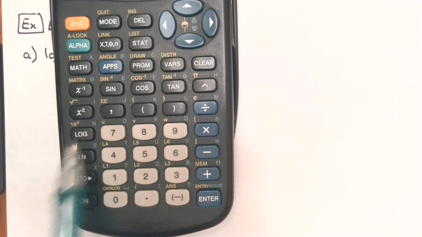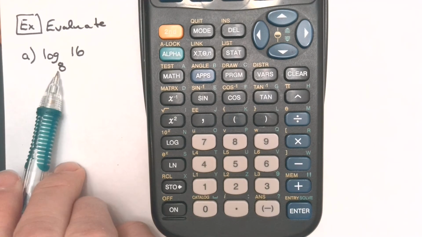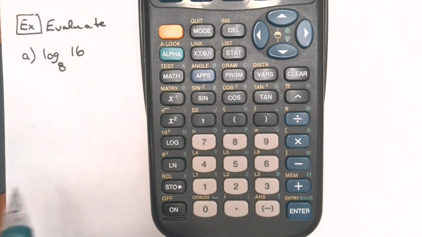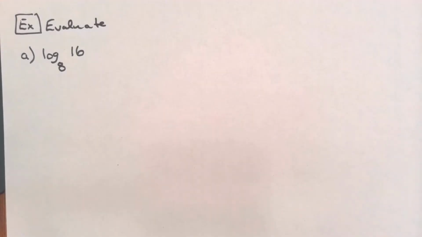So if you only have a log base 10 button on your calculator and you're trying to evaluate something that's log base 8, how do you do that? Well, you need to use something called the change of base formula, because what the change of base formula will allow you to do is change the base of your log.